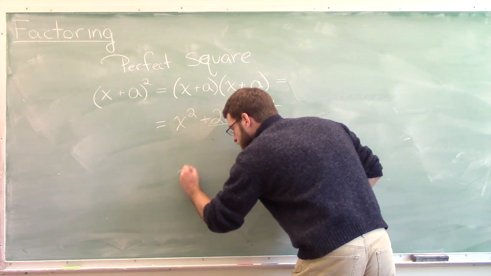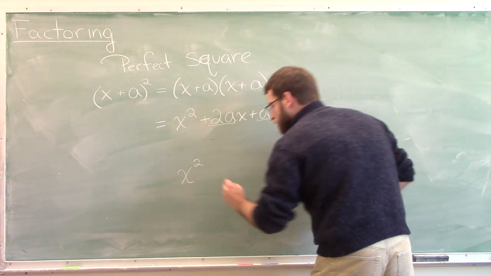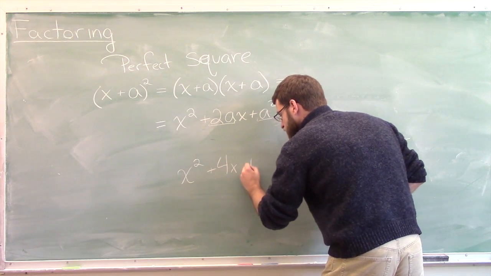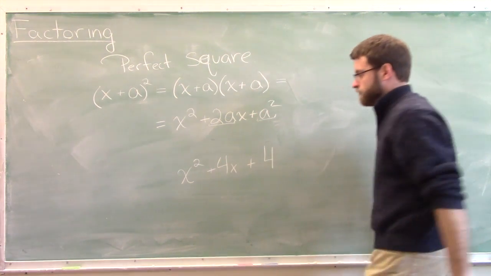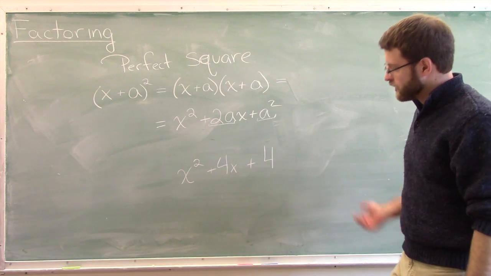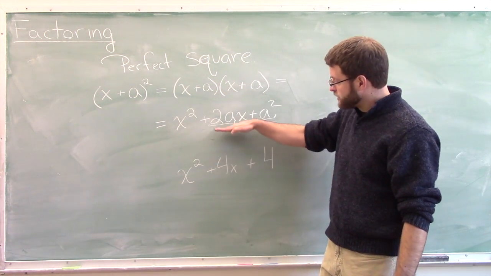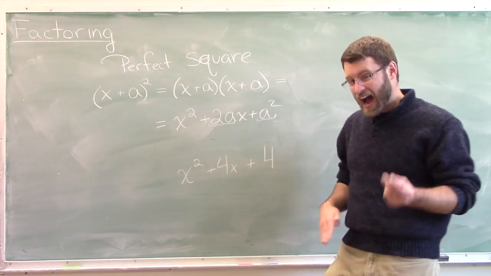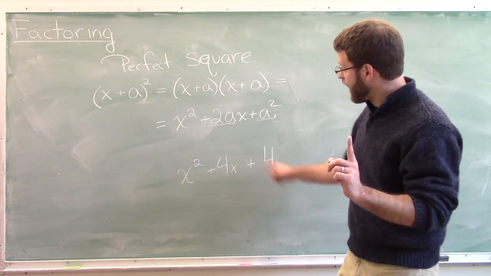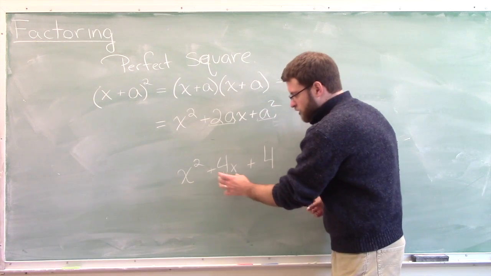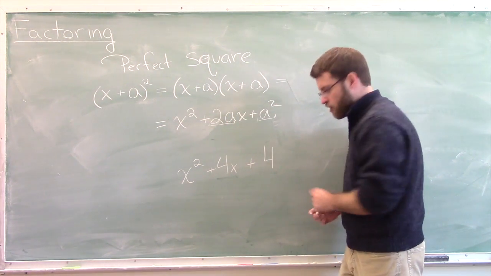So suppose we have x squared plus 4x plus 4. Okay. If this is a perfect square, it has to match up with this pattern exactly. I need to be able to choose one value for a that makes this part of the formula match up and this part of the formula match up.